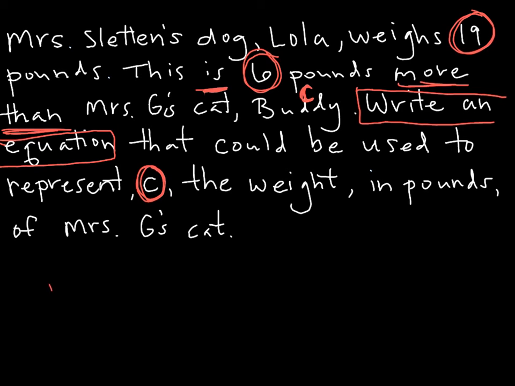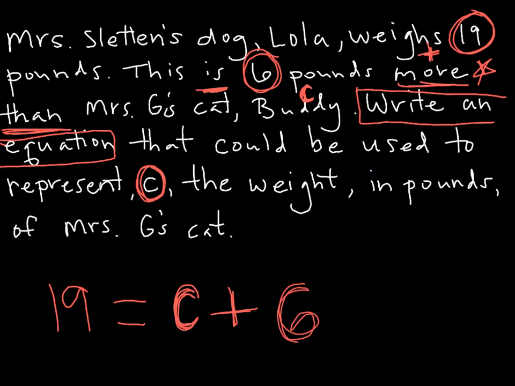So 19 pounds is what we're starting with. This equals 6 pounds more than. Remember that more than is the magical phrase that switches the order. So I'm going to start with Buddy's weight and then more is adding. So I'm going to add on the 6 pounds.